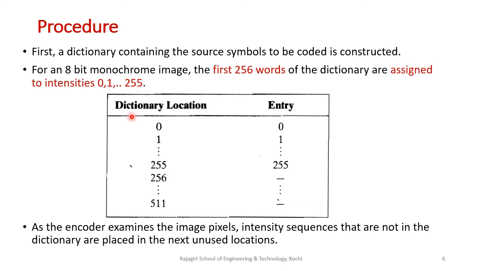This shows the dictionary location and this shows the entry. Dictionary location 0 corresponds to the intensity value 0, location 1 corresponds to the intensity value 1, and so on up to 255. Now as the encoder examines the image pixels, the intensity sequences which are not in the dictionary are placed in the next unused location.